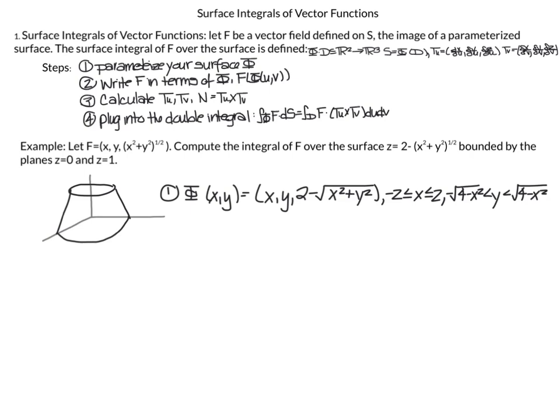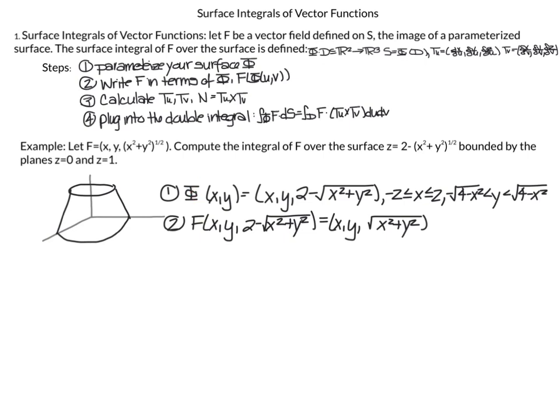I put in my boundaries that the radius is going to go from negative 2 to 2, and then I have this kind of in the circle. If I look at this in the plane, then at z equals 0, y is going to go from negative square root of 4 minus x squared to positive square root of 4 minus x squared.